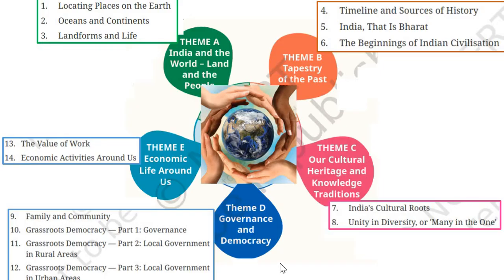So this is what you will be learning about in this class 6th social science book, centered around history, geography, civics, economics, all together. Previously there were separate chapters in each. Now here they have tried to encompass everything in these 5 themes.